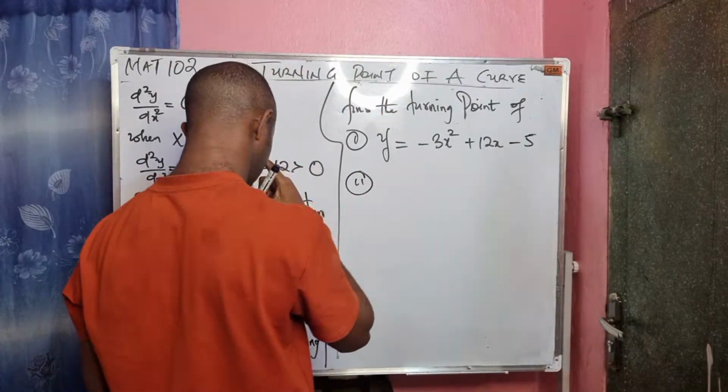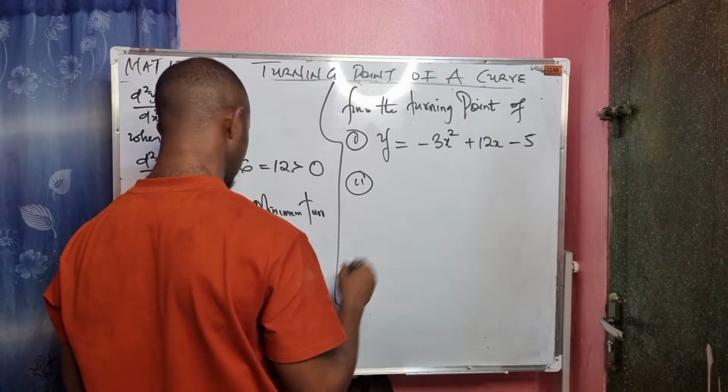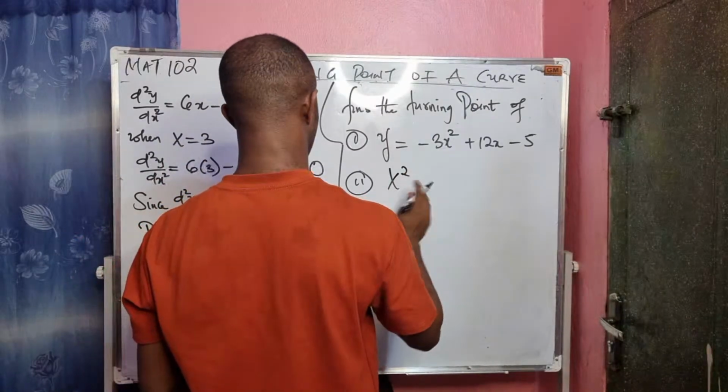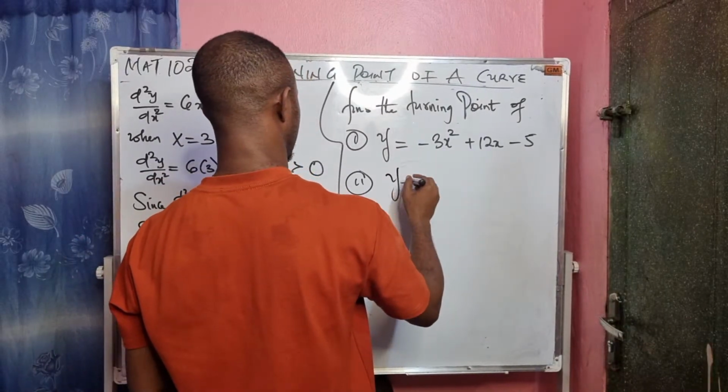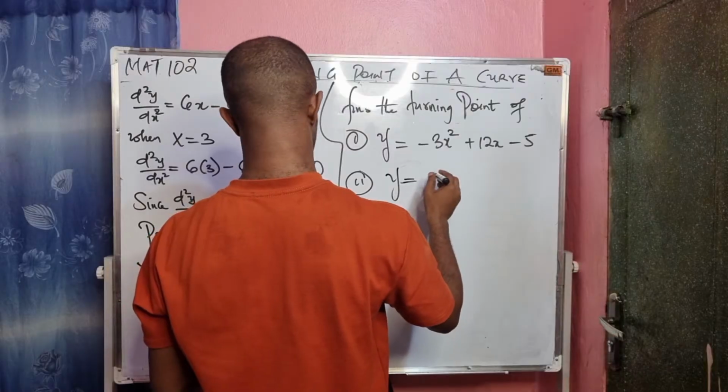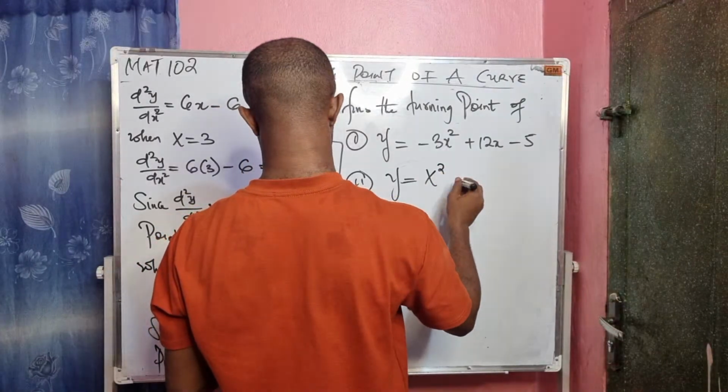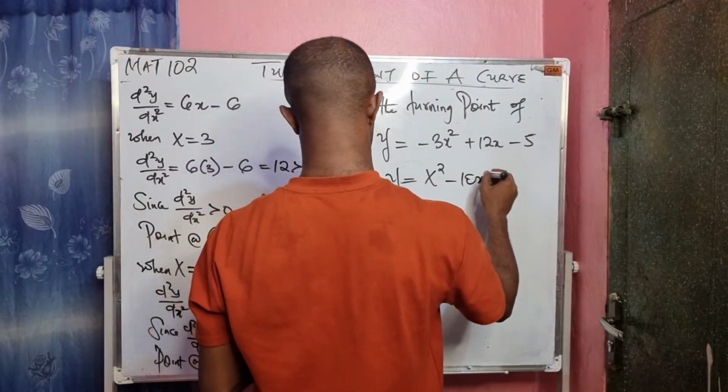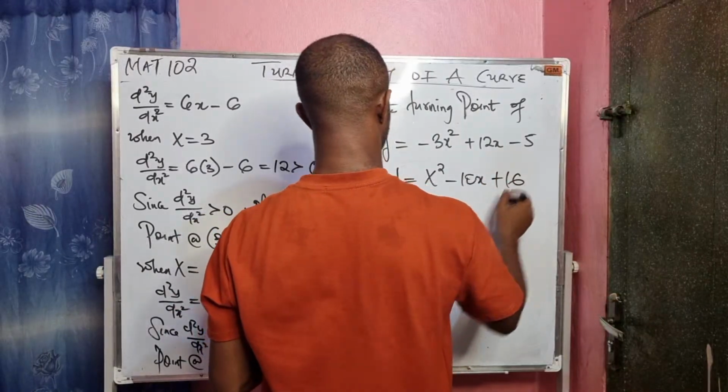Number 2: y equals x squared minus 10x plus 16.